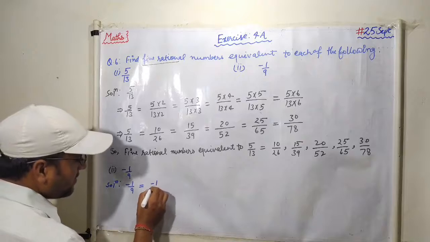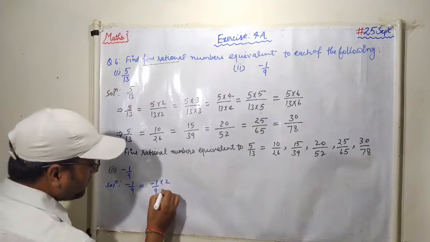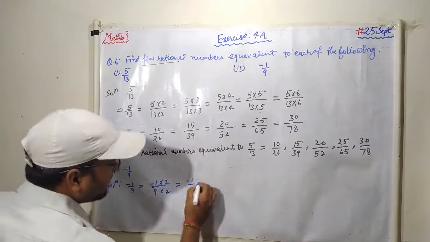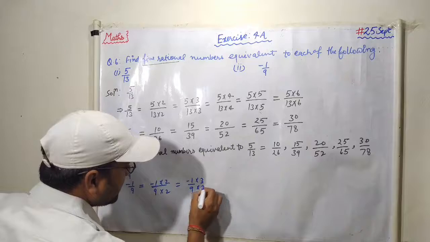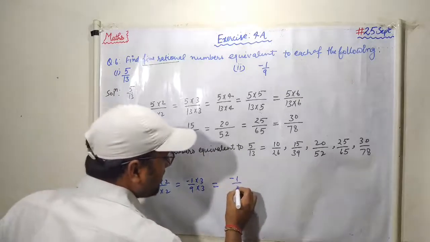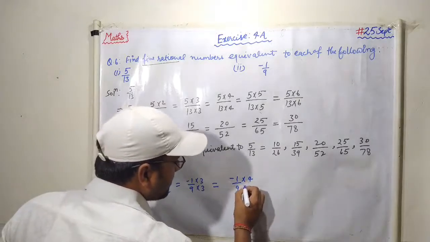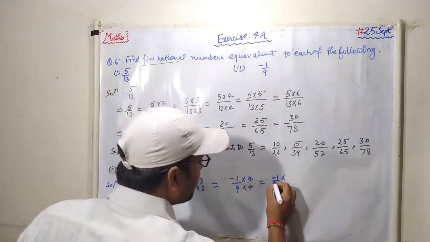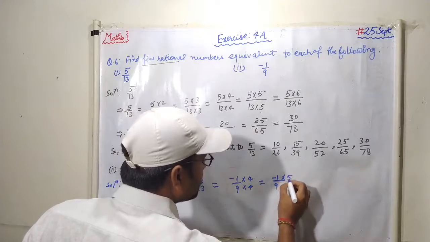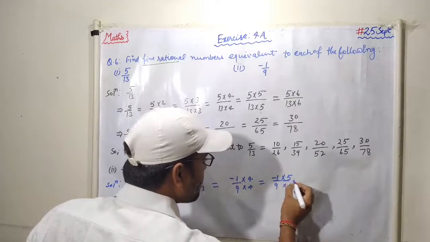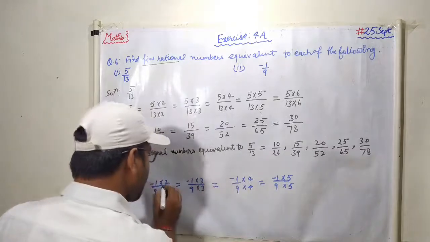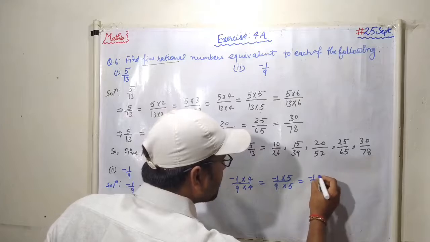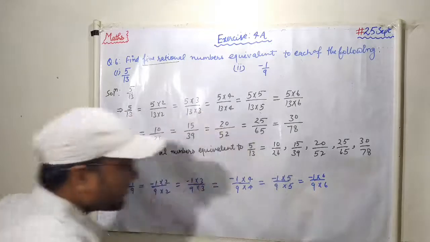Minus 1 upon 9 is multiplied by 2 upon 2, again minus 1 upon 9 is multiplied by 3 upon 3, is equal to minus 1 upon 9 multiplied by 4 upon 4, is equal to minus 1 upon 9 multiplied by 5 upon 5. Okay, one more, minus 1 upon 9 is multiplied by 6 upon 6.